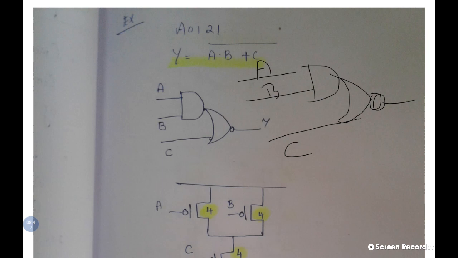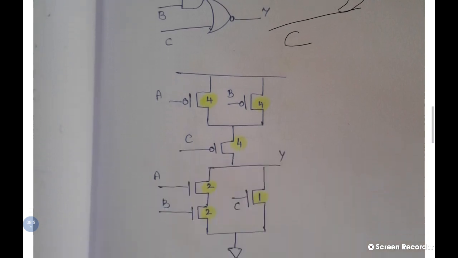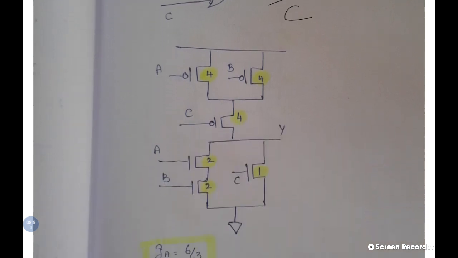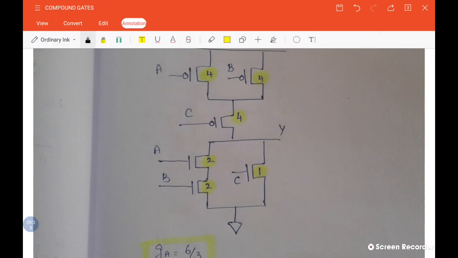And this A·B must be ORed with C. OR operation means you have to use a parallel connection of one NMOS with the C input. In this diagram you can notice that for the A input we draw one NMOS, and for the B input we draw one NMOS. For each and every input you have to draw one NMOS.